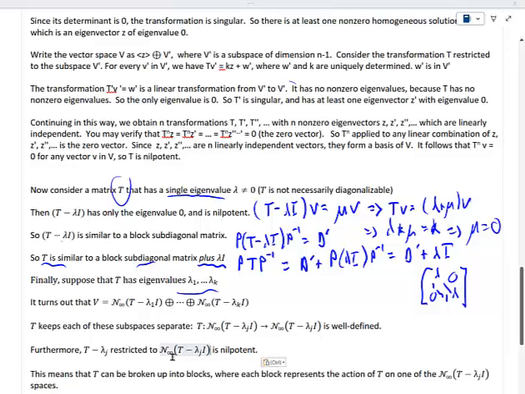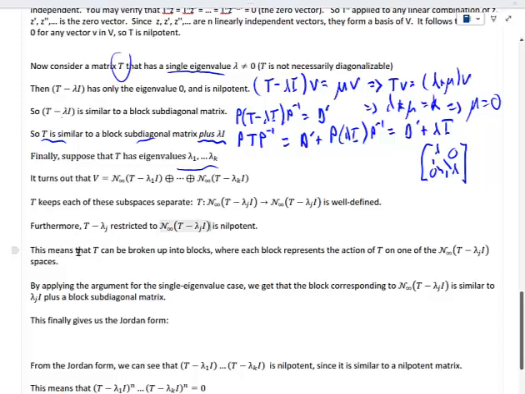So basically what we want to do is use our single eigenvalue result on each one of these subspaces. On each one of these subspaces, I can write the matrix as similar to one of these block matrices with 1s on the subdiagonal and lambda on the diagonal. So that means that T can be broken up into blocks, where each block represents the action of T on one of these subspaces.